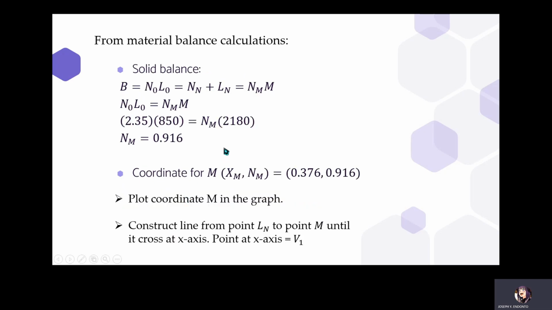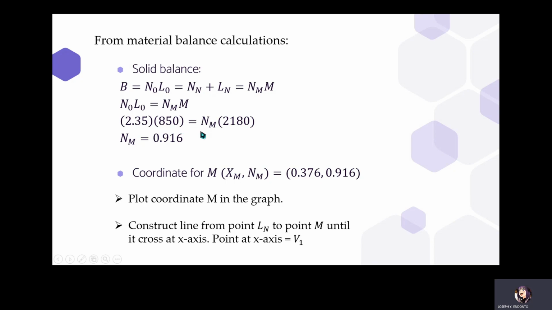Next is to get the solid balance. By deriving this formula, we arrive at n sub 0 times L sub 0 is equal to n sub m multiplied by m. We know that the value of n sub 0 is 2.35 and the value of L sub 0 is 850.